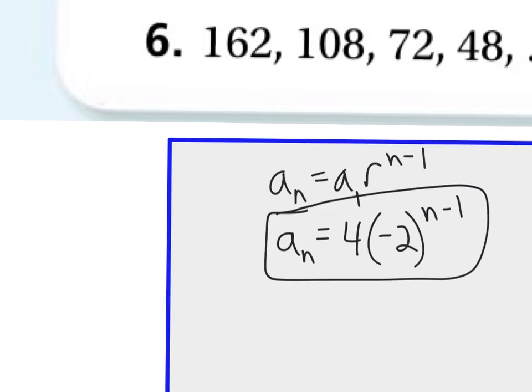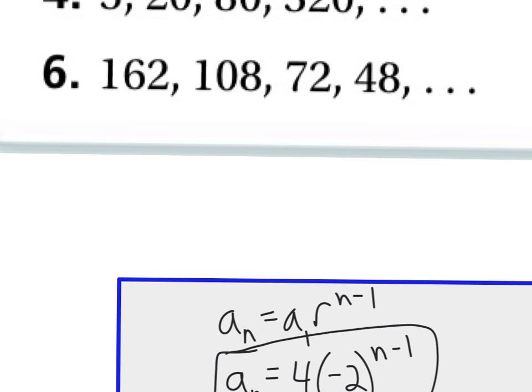And finally, let's look at number 6. So on number 6, if you try and divide this out, so 108 divided by 162, you'll get 0.6 repeating. You might know 0.6 repeating is the same as 2/3.